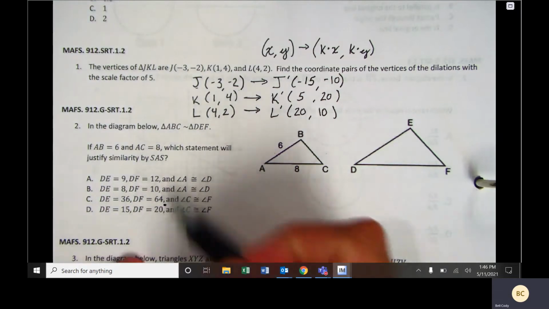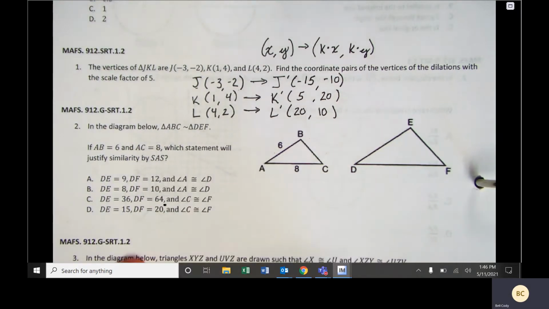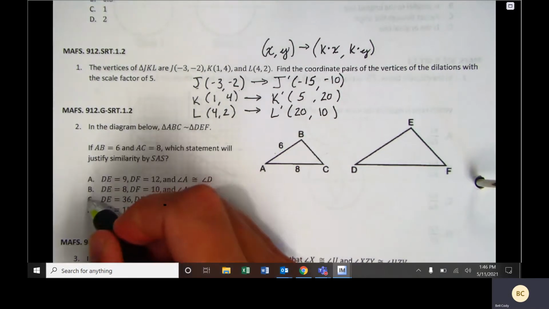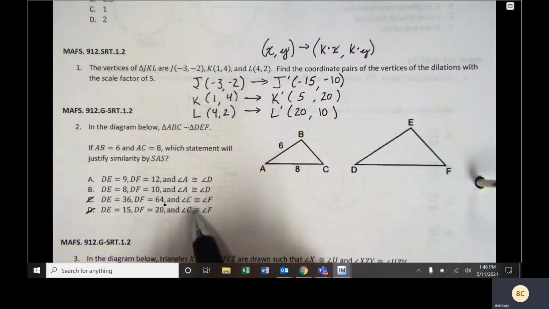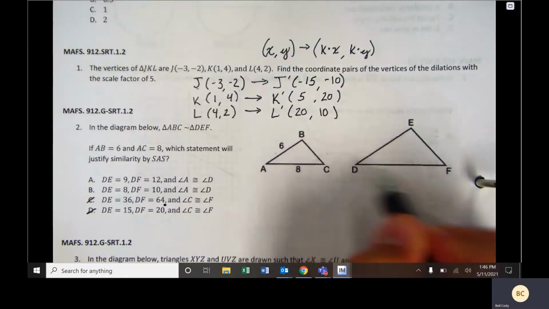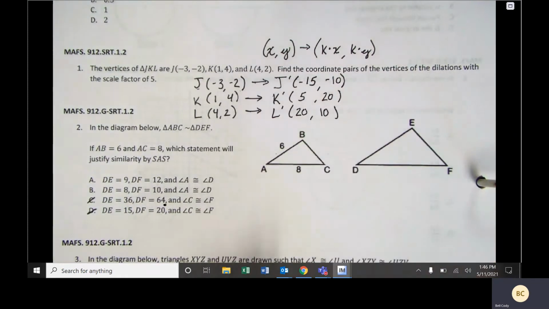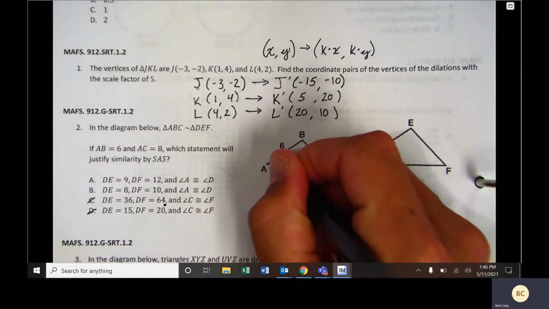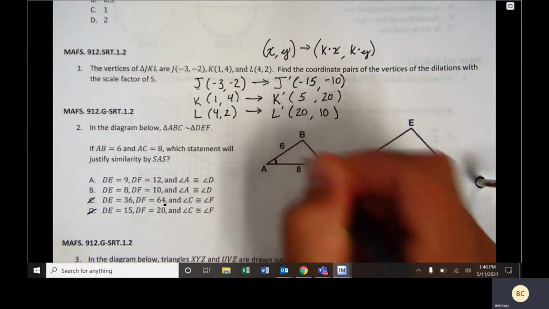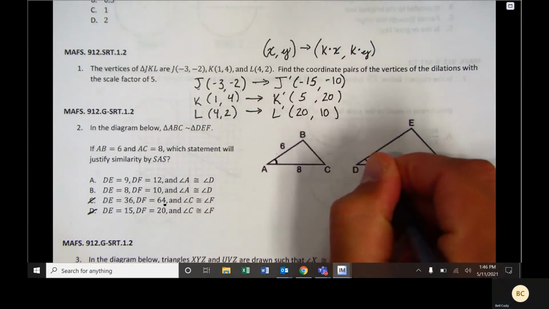Of these four answer choices, we can go ahead and rule out C and D, because angle C and angle F being congruent is not going to give us the similarity by SAS. Our angle has to be the included angle between the sides that are proportionate.